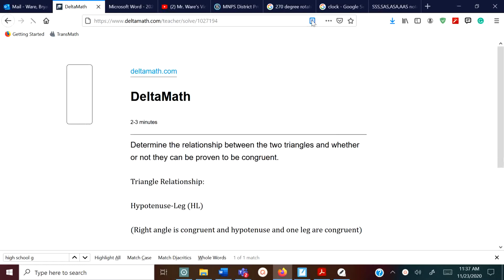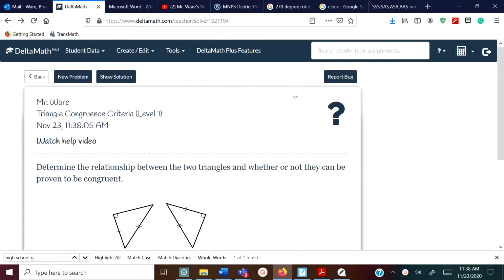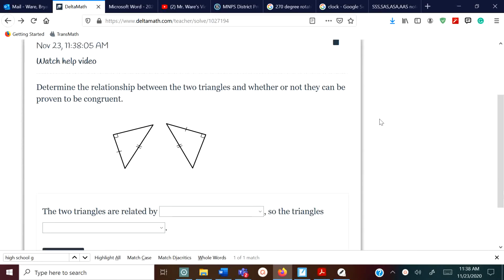Okay, let me go back here. Trying to make this bigger. So we want to determine which one it is and whether it's congruent.